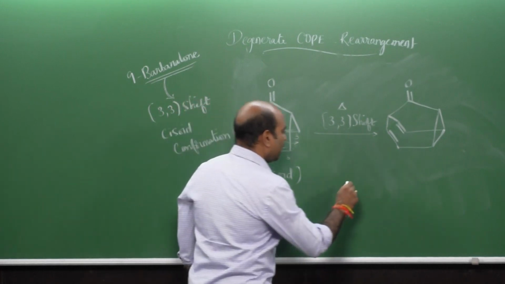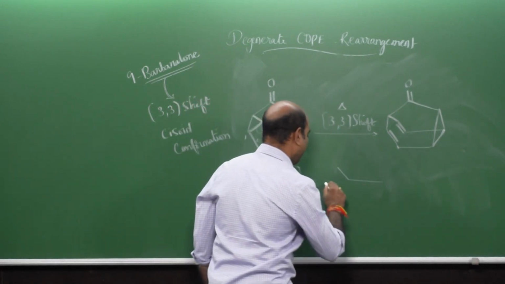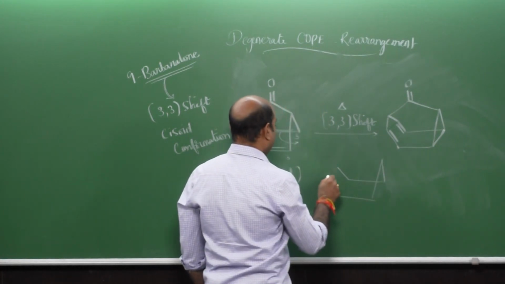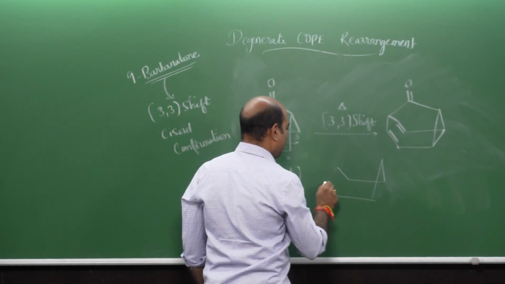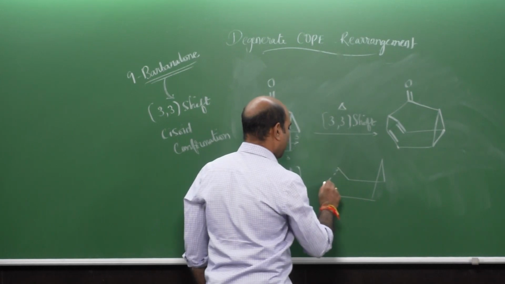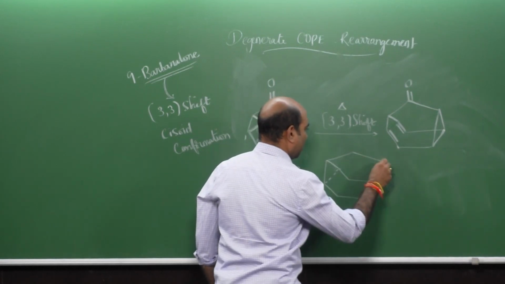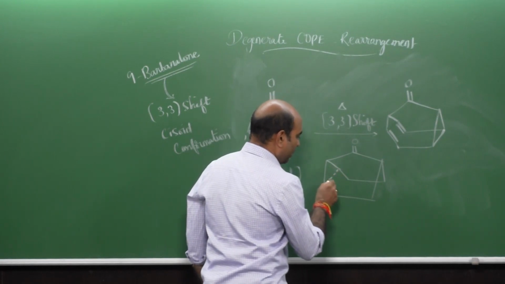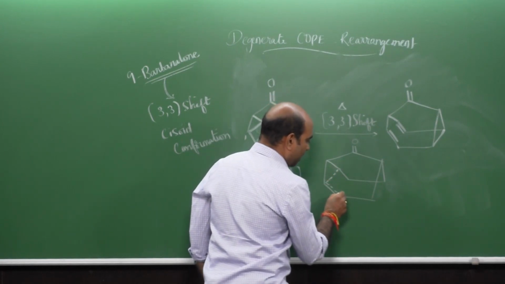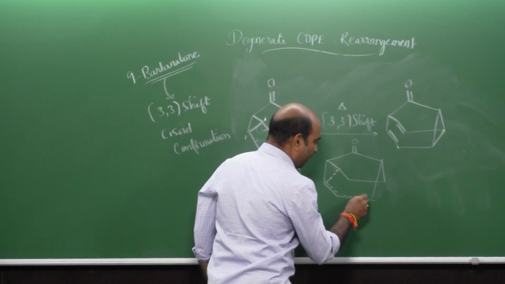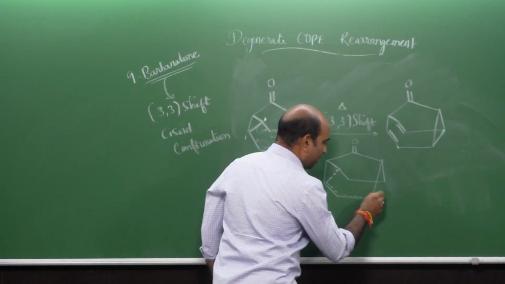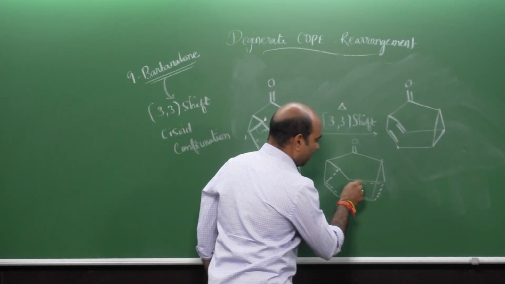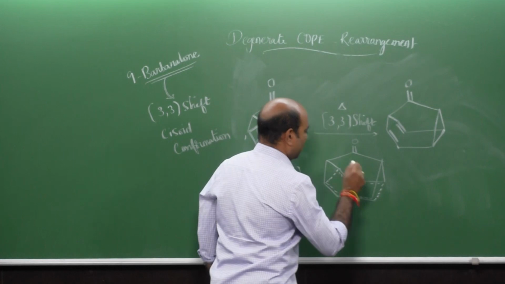So, if you want to see the cyclic transition state, this sigma bond is slowly vanishing here and then this pi bond is forming a new sigma bond here and this pi bond is moving over this place.